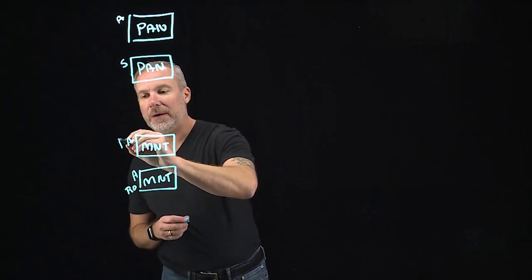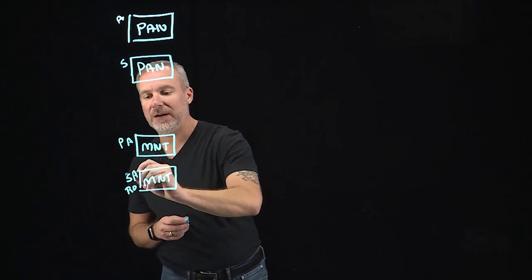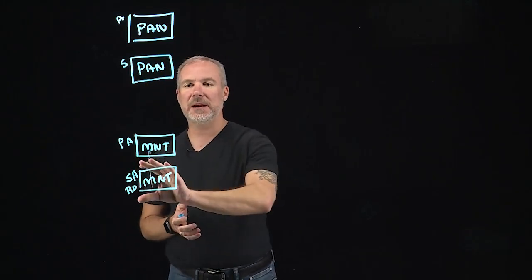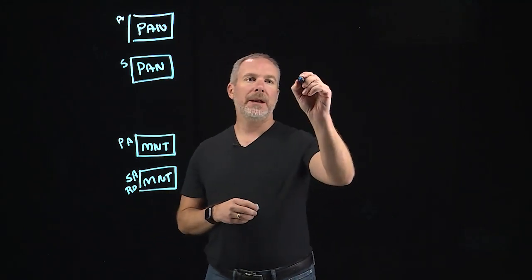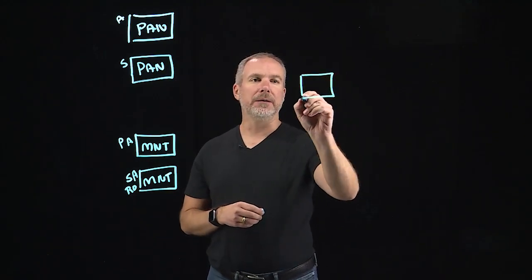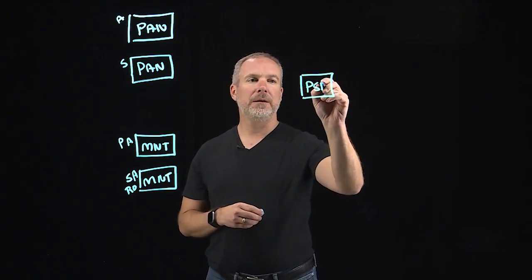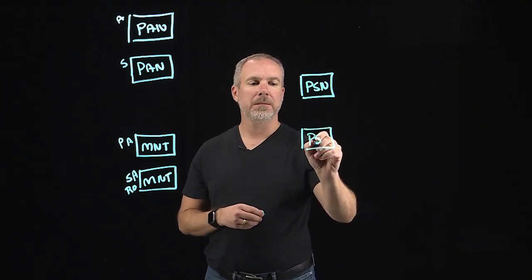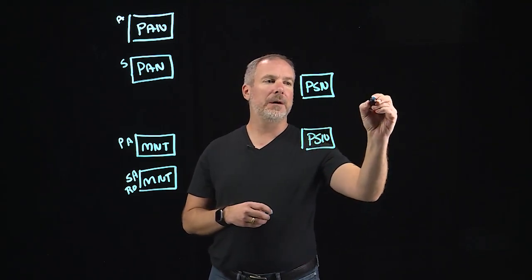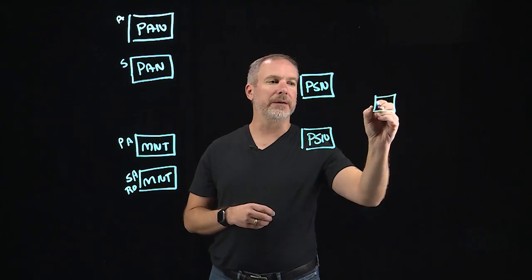So there's a primary active and a secondary active monitoring node, but the secondary is going to be read-only. Now, if we look at the policy nodes, let's just draw a couple of those. And then we'll just draw a couple network access devices.